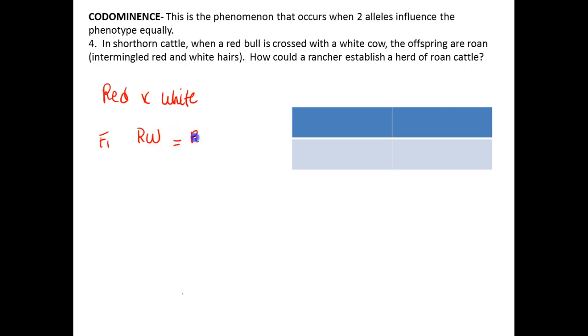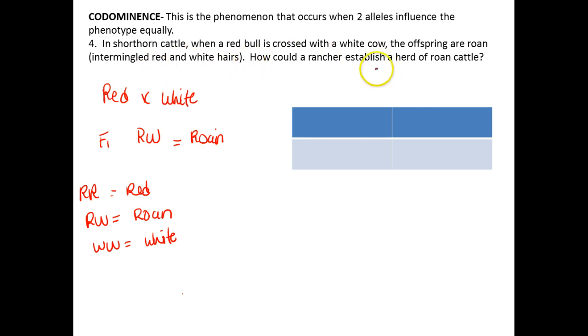And this is called roan. So if they're homozygous, they're red. If they're hybrid, they're called roan. And if they're white, they are called white.